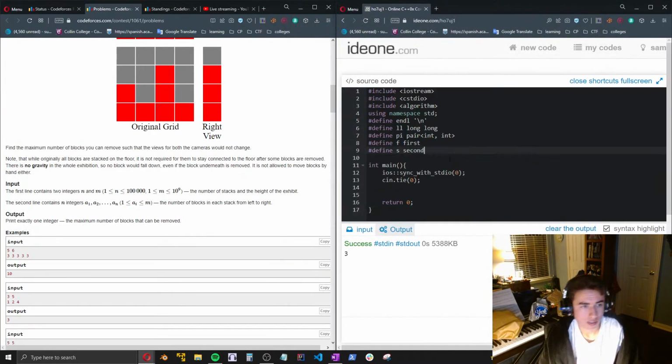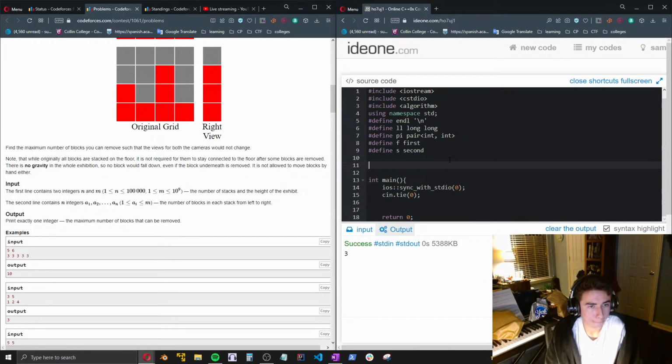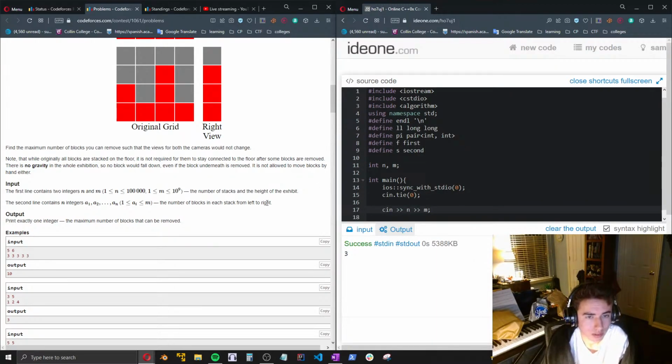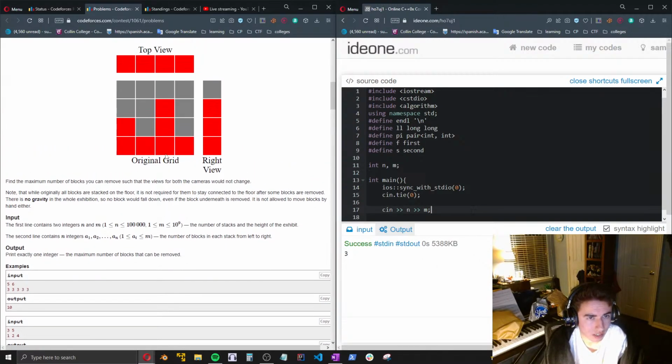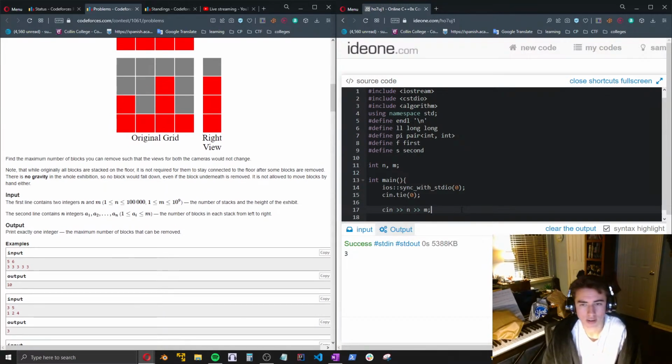First two problems, pretty stupid. Let's see. Remember stacks and the height of the exhibit. Oh, I guess they're guaranteed to all be greater than 1 from the start.